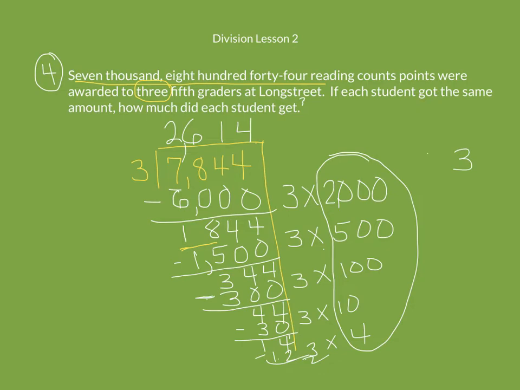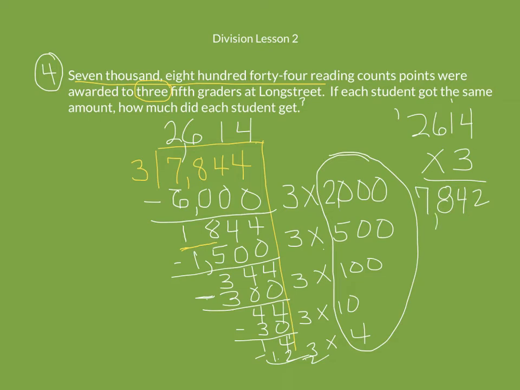Now let's check our work. If each student got 2,614, and we had 3 students, 3 fours are 12, regroup the 10. 3 times 1 is 3, is 4 tens. 3 times 6 is 18 hundreds, regroup the 1,000. 3 times 2 is 6, 7,000, 7,842.